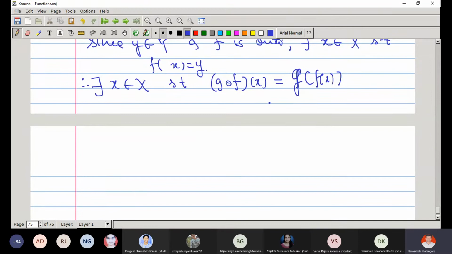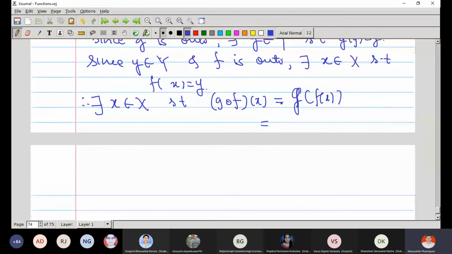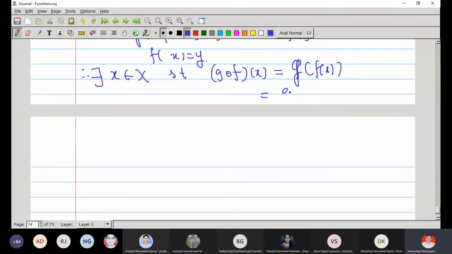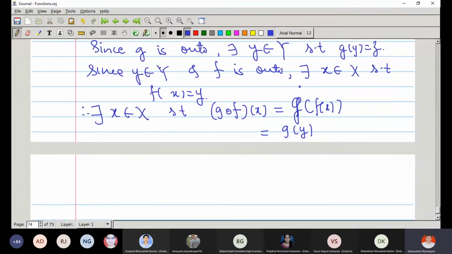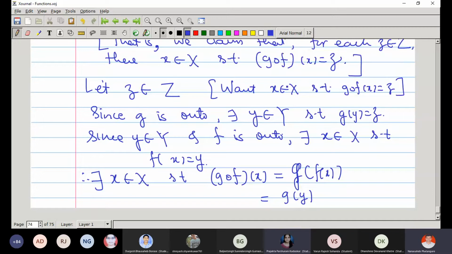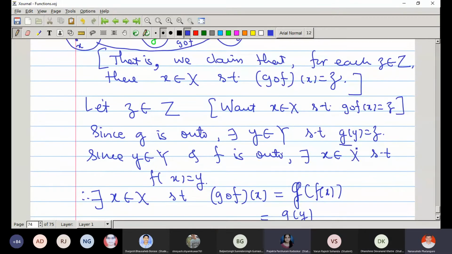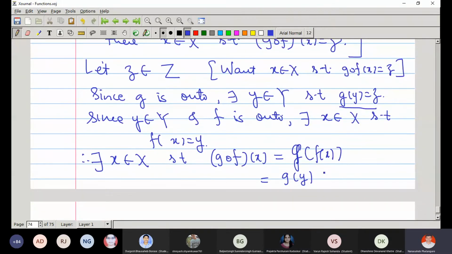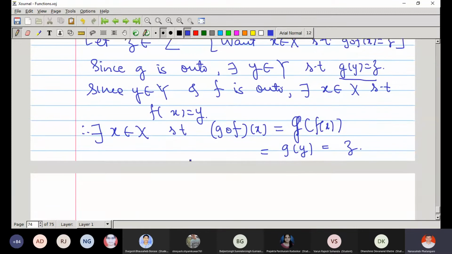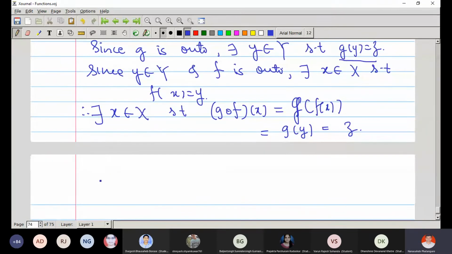What is f of x? What is the image of x now? It is y. So it is g of y. But what is the image of y under g? It is z. So it gives us back z. Therefore, x is the correct one.